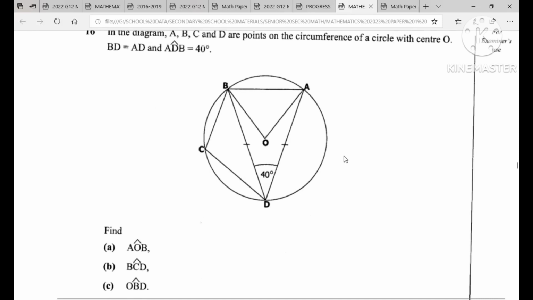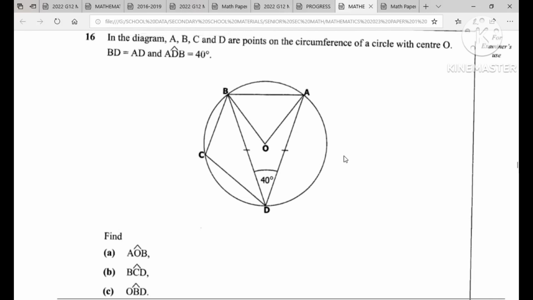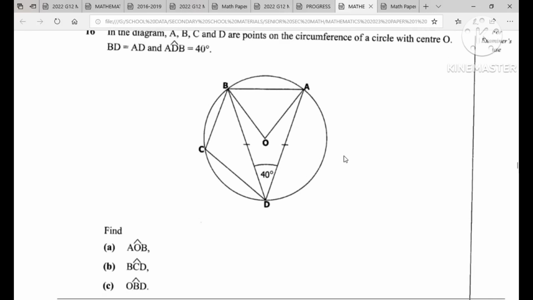I'm sure you dealt with those, right? Yes. Okay. So now, for us to find angle AOB, there is that property which says an angle at the center is twice an angle at the circumference, right?